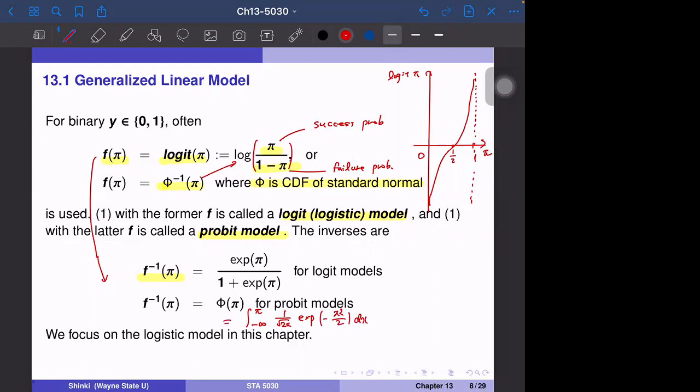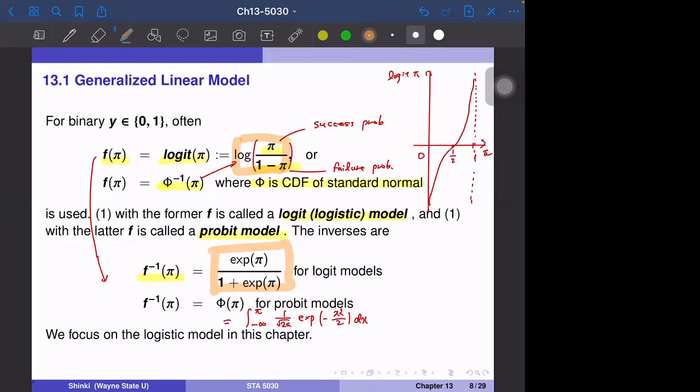So phi of x has an expression, but phi inverse of x does not have an analytical expression. In this chapter, we focus on the logistic model, and we don't talk about the probit model. The logistic model is more convenient in the sense that both f and f inverse have analytical forms.